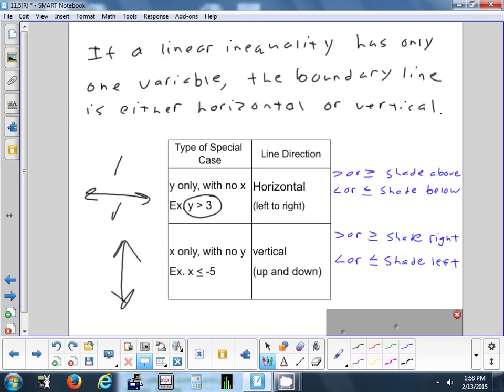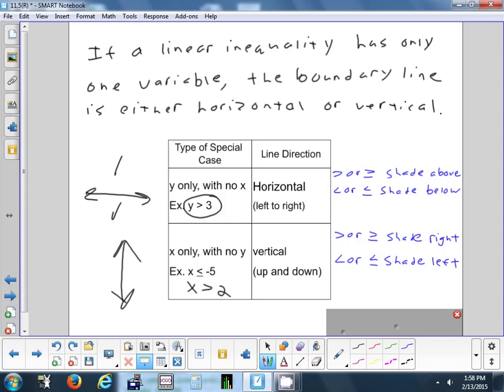So in this problem, you would shade to the left. How about this? X is greater than 2. Which way is the greater than pointing? Marcus? To the right. So you would shade where it's pointing, to the right.